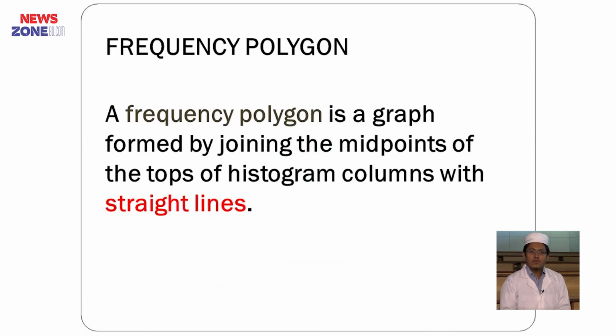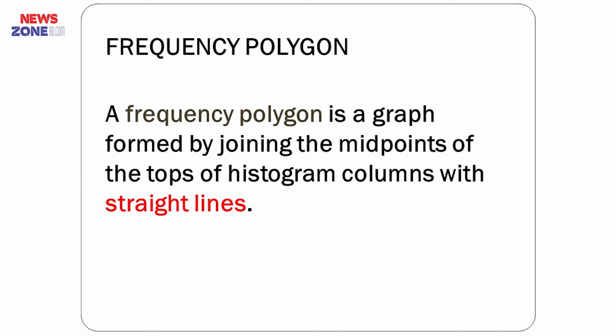Next, frequency polygon. Polygon is Bahubhuj in Bengali, and a frequency polygon is a graph formed by joining the midpoints of the tops of histogram columns with straight lines. In the last picture we saw a histogram.